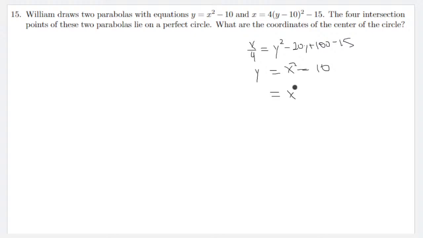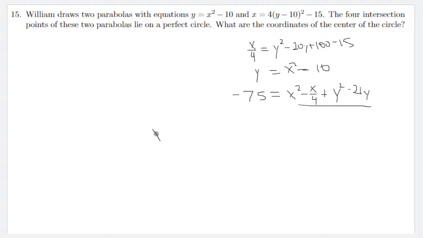So this becomes x squared minus this x over 4 plus this y squared minus this 21y. And then let's move all these constants to the other side. So these constants will end up being negative 75. Okay, this is suspiciously like a circle, right? And if this is the equation of a circle, we can rewrite it as such.